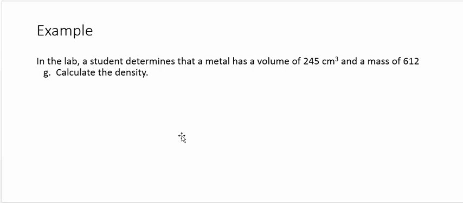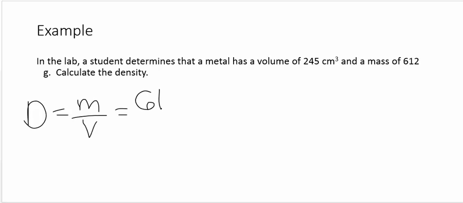Let's go through a couple examples with density. Fairly straightforward. If I want to calculate the density here of a metal, it's just mass divided by volume. We have a mass of 612 grams, a volume of 245 centimeters cubed.